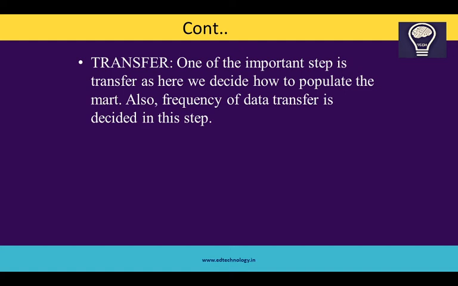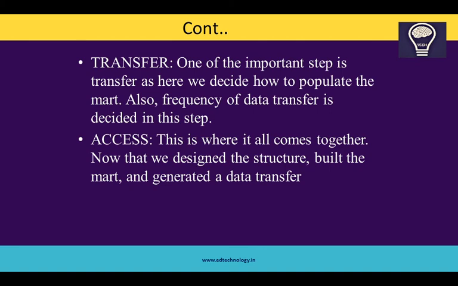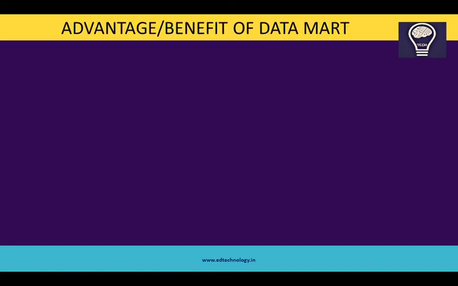How often will you update? And once that is done, the last and most important step comes, the access. Here it all comes together, and this is what our data mart would look like. So there are four steps from the start, just like software. We design, then we build, then we transfer, and finally we access the data. This is how we implement the data mart.